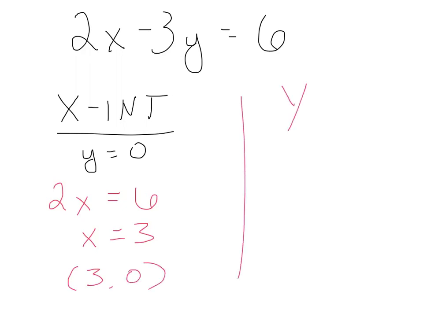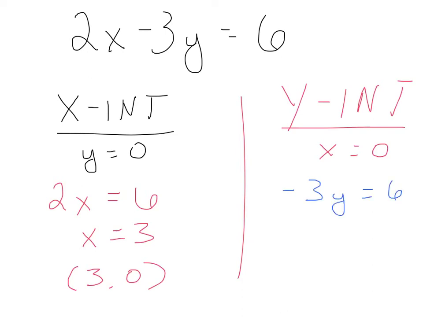Now finding my y-intercept is done very similarly, except this time, rather than making y equals 0, I'm going to make x equals 0. 2 times 0, I'm plugging in 0 for x, 2 times 0 is 0, so I'm not even going to write that term. However, I do have negative 3y equals 6, so I'm going to have to divide by negative 3, and I get y equals negative 2.